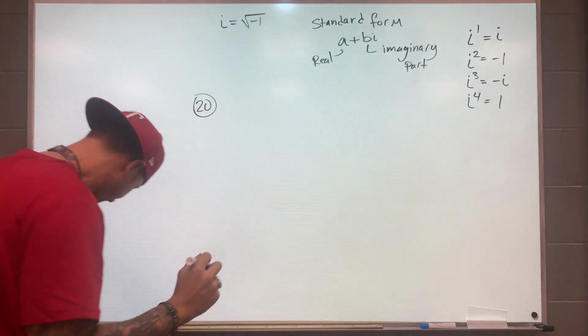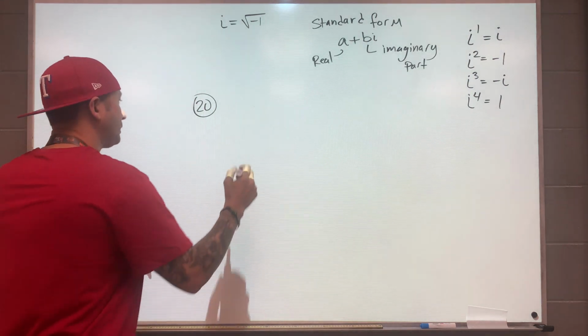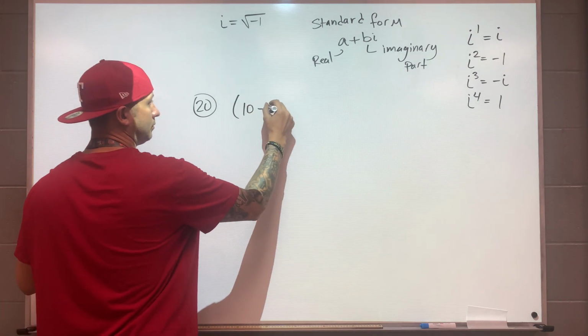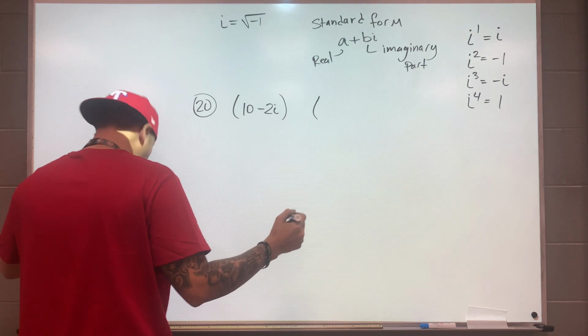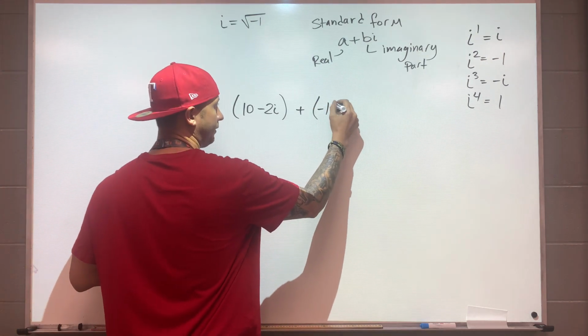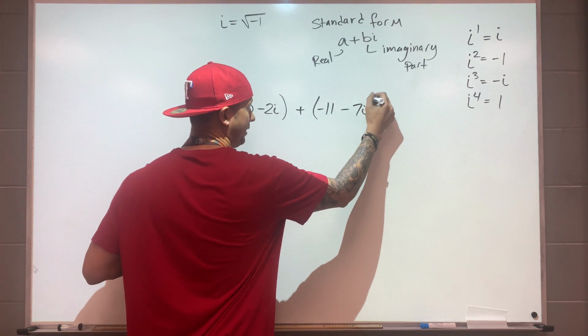All right, 20. 10 minus 2i plus negative 11, 7i.